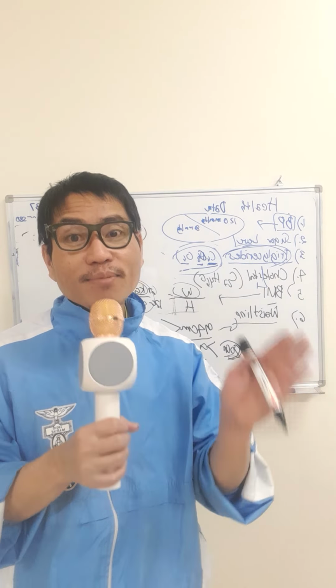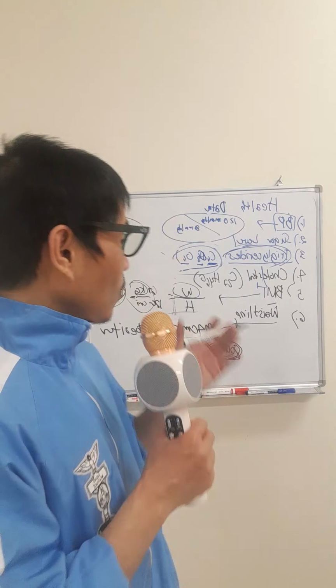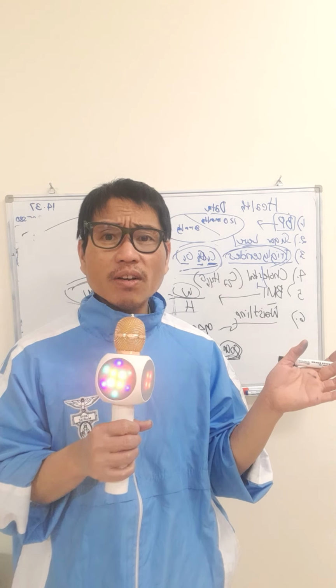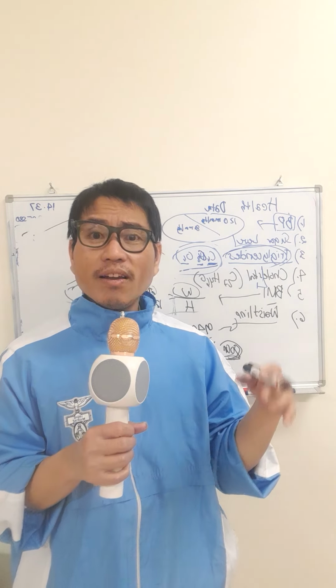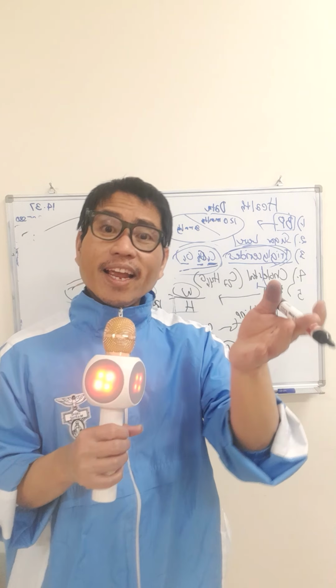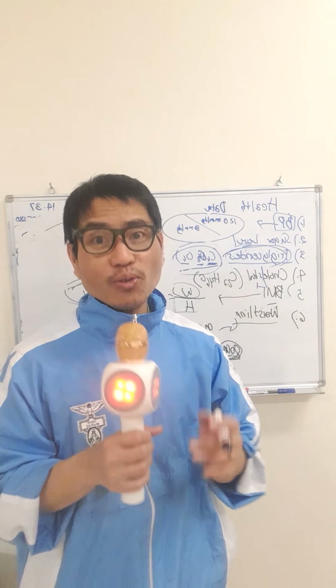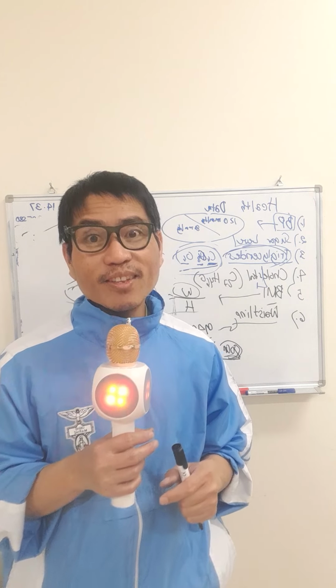And for the women, you have to maintain up to 81 centimeters only. If they go above 81, that is also obesity, and less than 81 is better for them. Okay, you get the point?